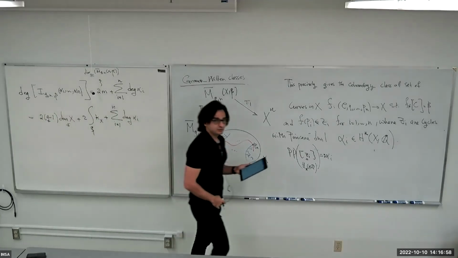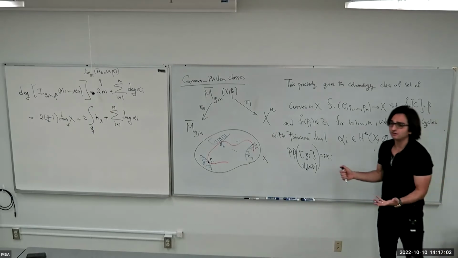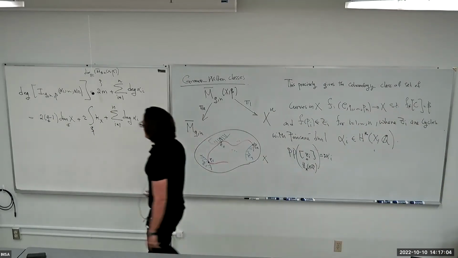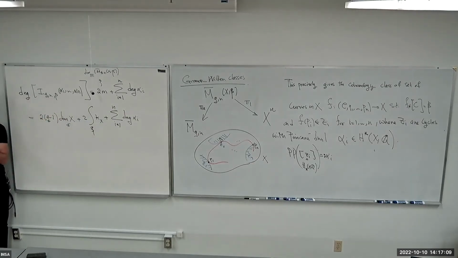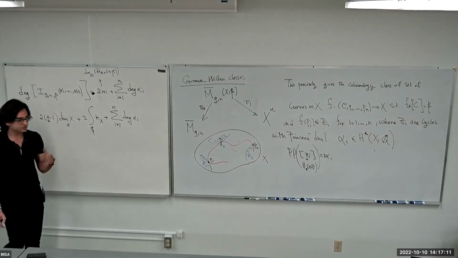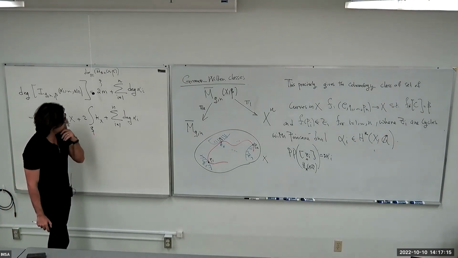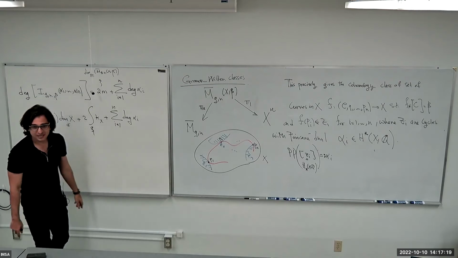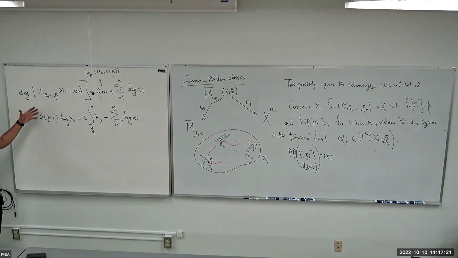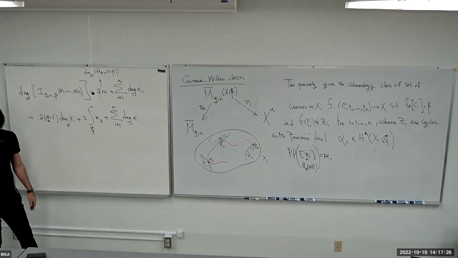You might ask yourself, when is it that this homology class is not defined? Well, if it's degree 0, that means it's a point class, because this is a homology class. It's still defined, but negative degree is certainly undefined. So the Gromov-Witten class makes sense as long as this expression is positive or 0.